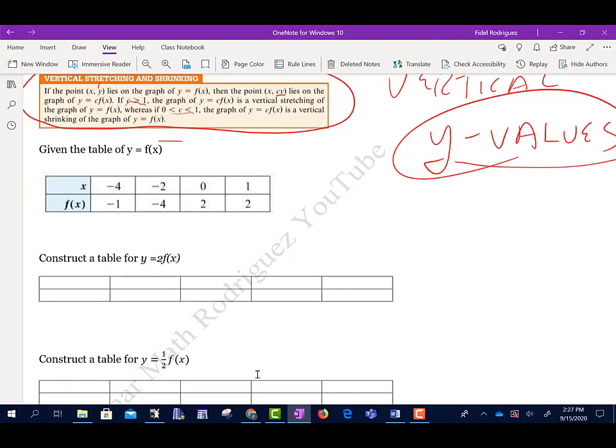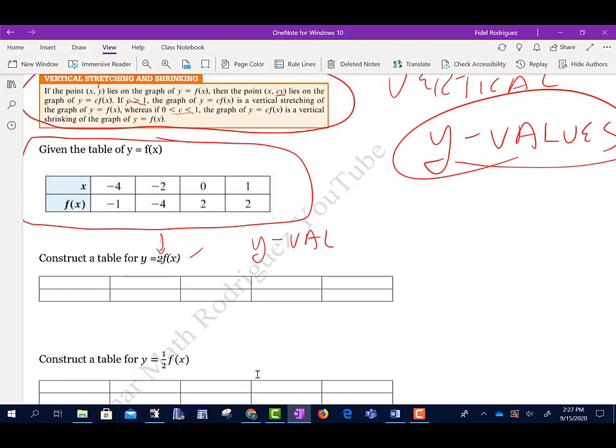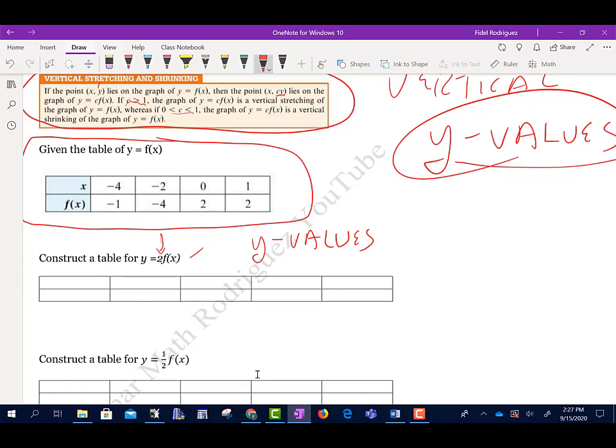So it says, given the table here we have y equals f of x. We want to make a table for y equals 2 f of x. So I want you to notice something, guys. The 2 is on the outside. When the 2 is on the outside, what we're going to change are the y values. So that means my x values are going to stay the same.